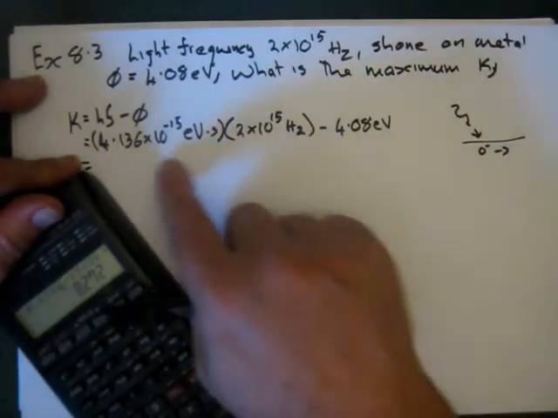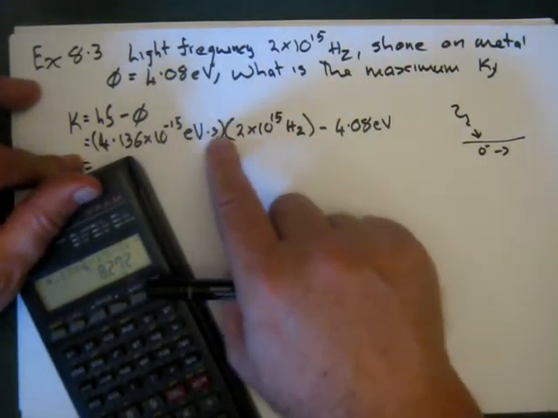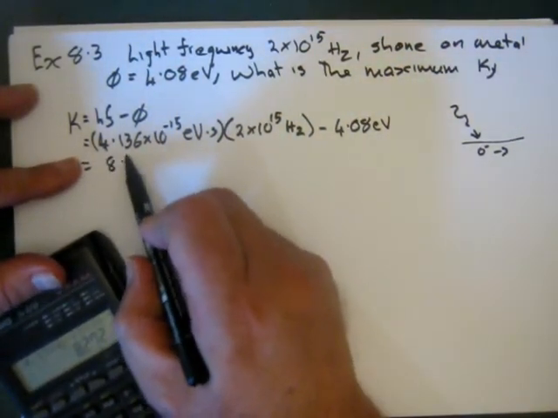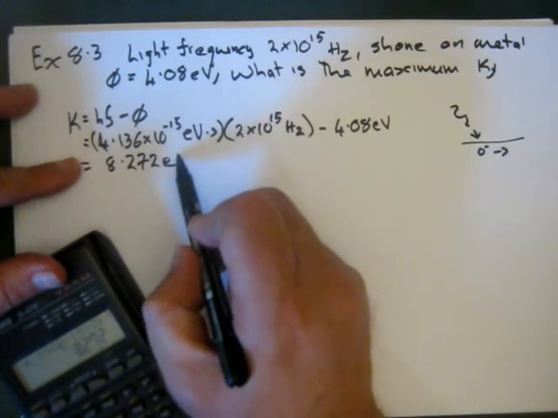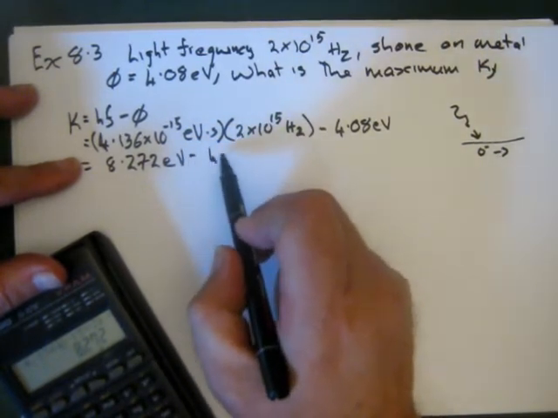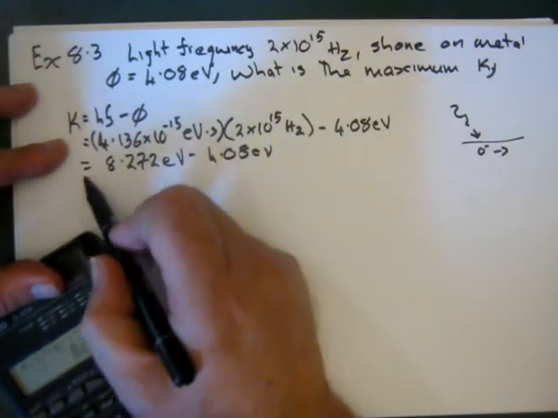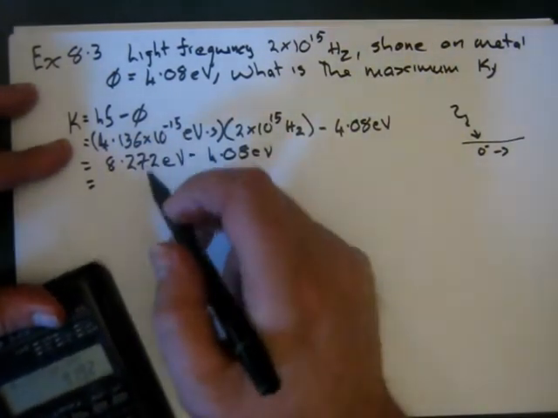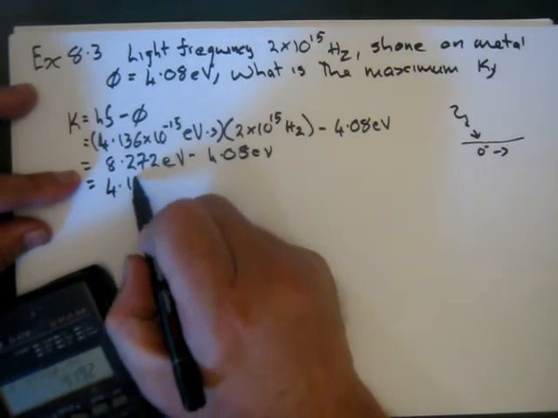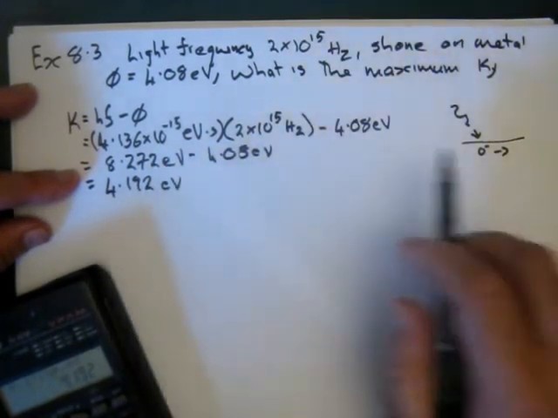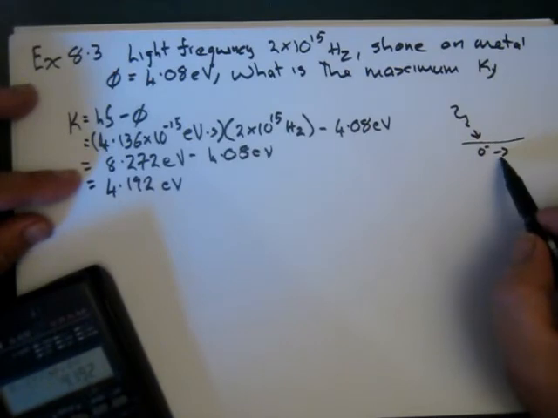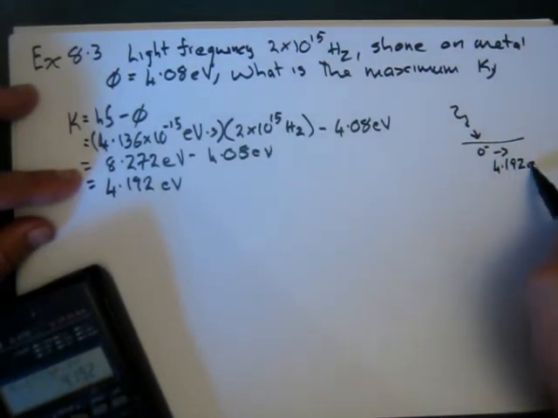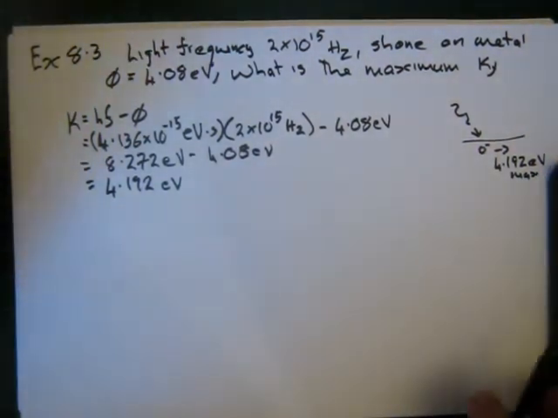So the amount of energy this photon has is 8.272 electron volts minus 4.08 electron volts. So the maximum kinetic energy is 4.192 electron volts.